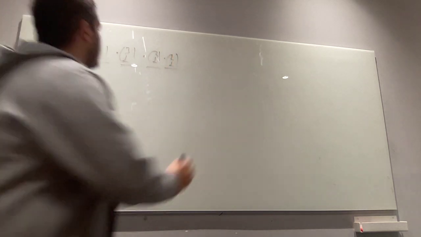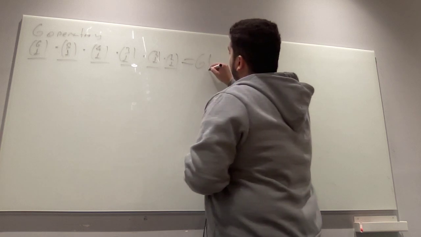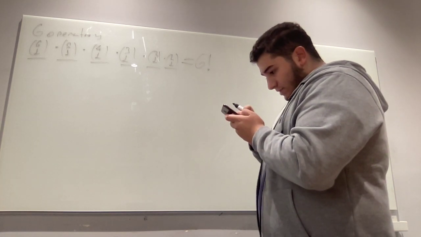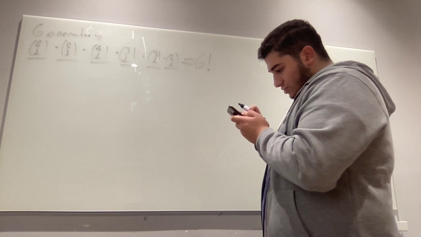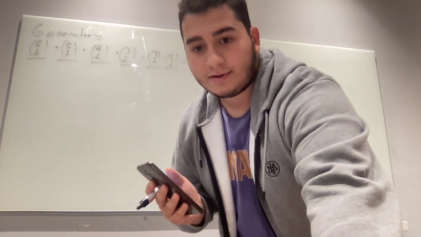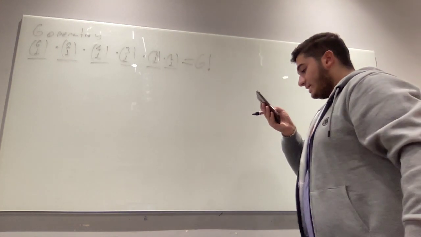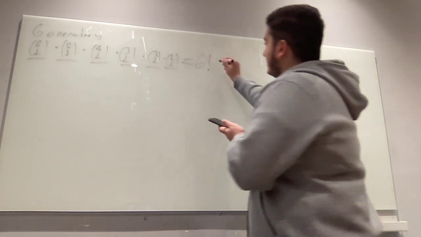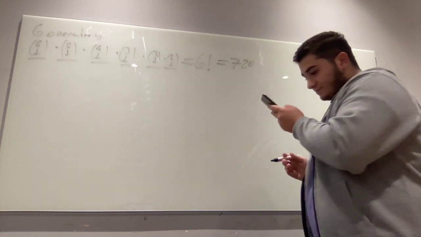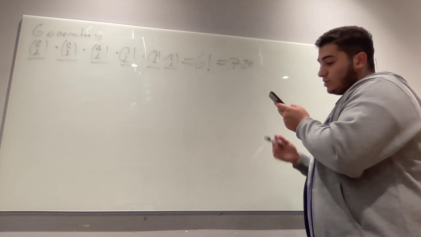What's that result? It's 6 factorial. That's the possible ways, and it's equal to 720.